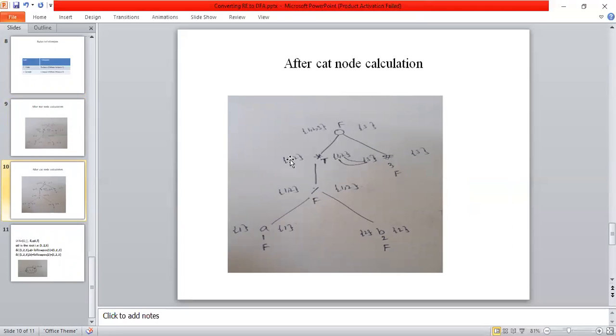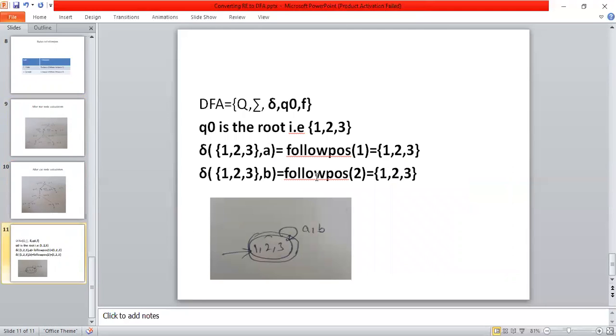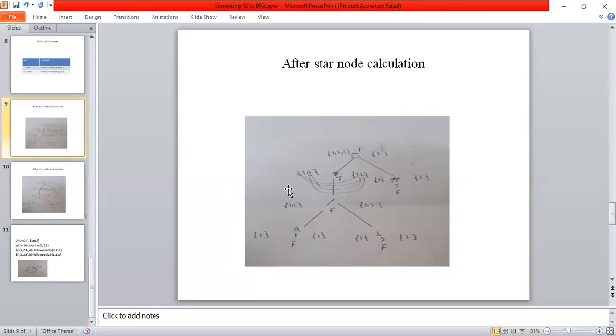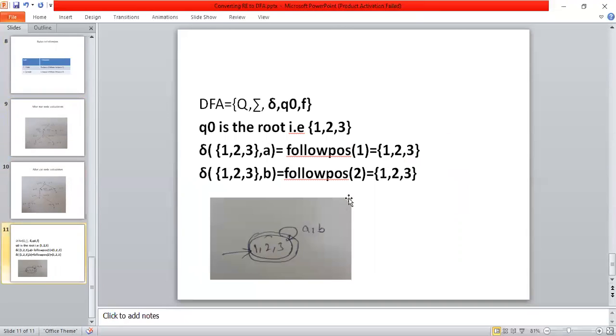For C1 I have first position and last position, and for C2 also I have first position and last position. So simply remember, for a cat node, last position of C1 follows the first position of C2. Meaning 1 follows 3, 2 follows 3. So this is the calculation of follow position for the cat node and star node. Same thing I have written here in my table. So this is about my first position, last position and follow position.